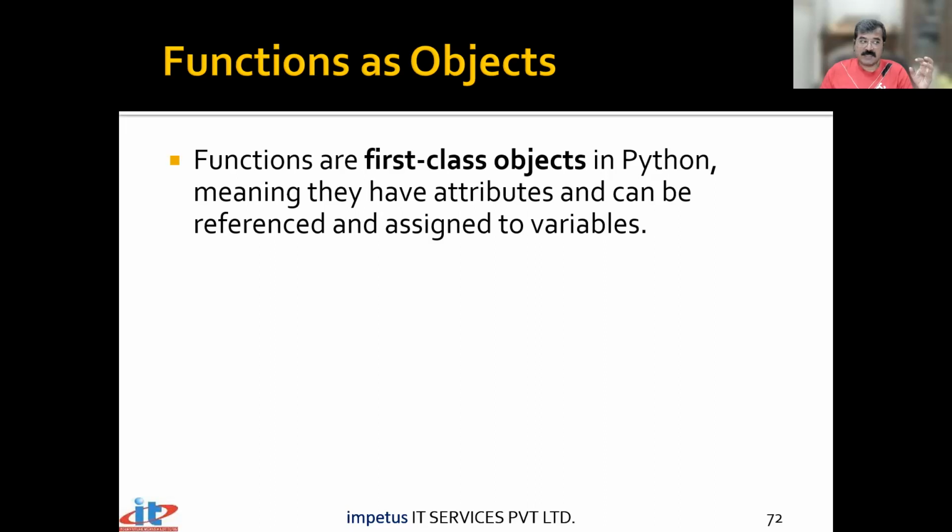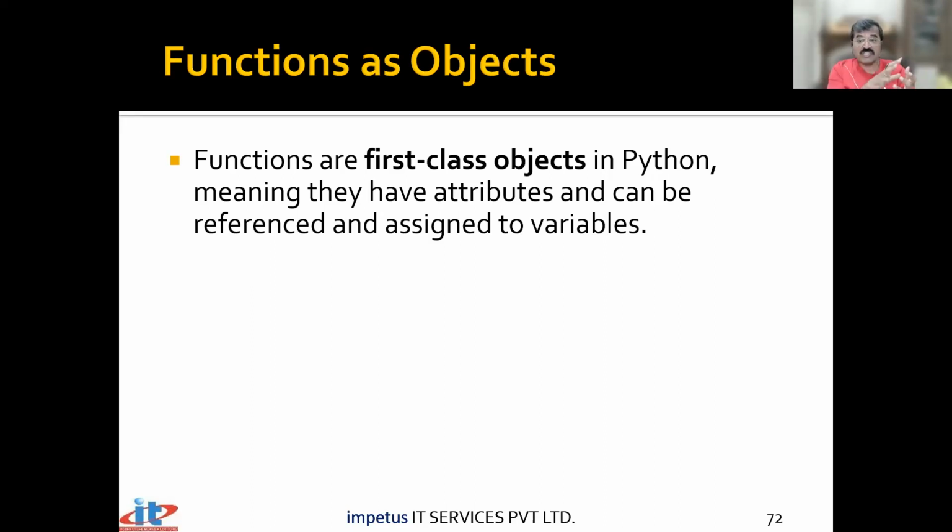So anything that can be treated like a variable is like a first-class citizen. For anything to be called a first-class citizen, we should be in a position to assign it to some other variable. So I can say int b is equal to i, which means the value of i will get assigned to b. So in Python, functions are also first-class citizens. That means we can assign them to a variable.